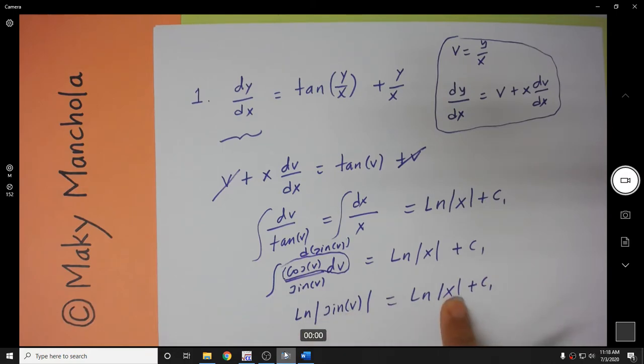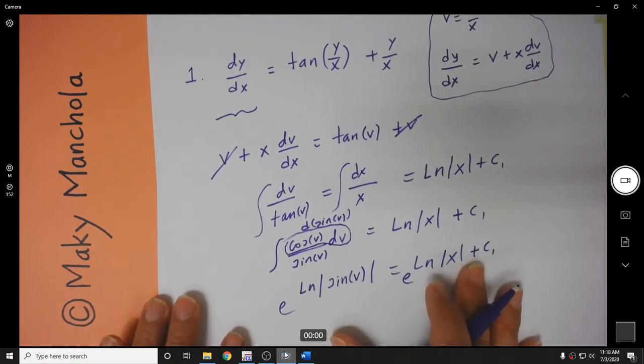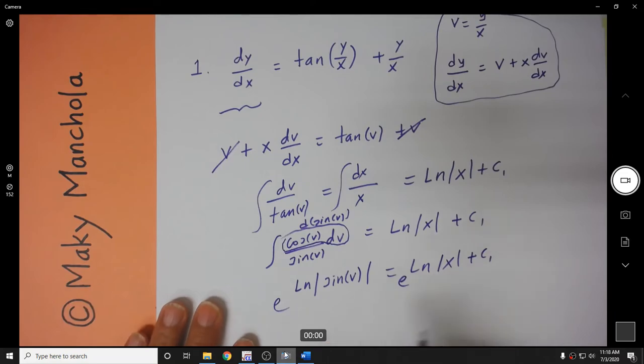We can drop the natural logarithms. There is a technicality here. We say this: e to the left side equals e to the right side. On the left side, you end up with sine of v. Disregarding the signs, we're going to relax the signs here. Could be plus, it could be minus. We're just going to call it sine of v.